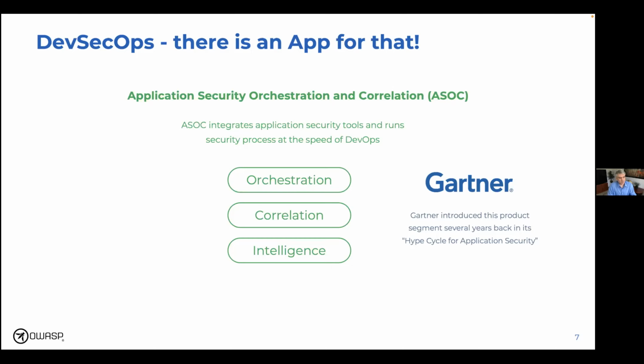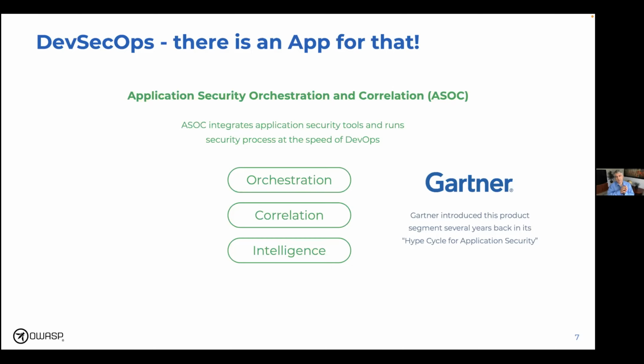Even when you have one application security tool, you still need a staging environment to work with those security issues and prioritize them. The moment you have two, you need to correlate issues between them, and you also need intelligence. And so this is what this category of tools brings.